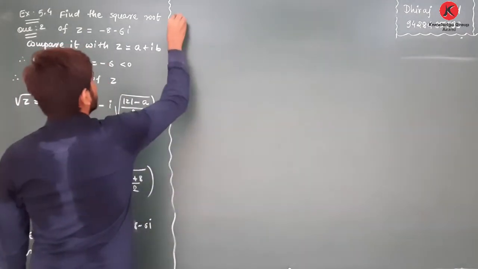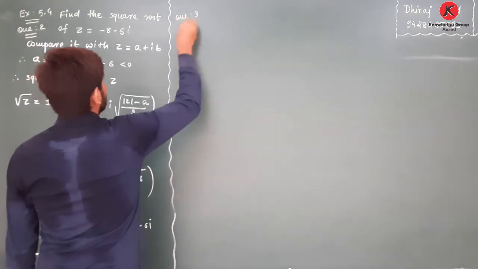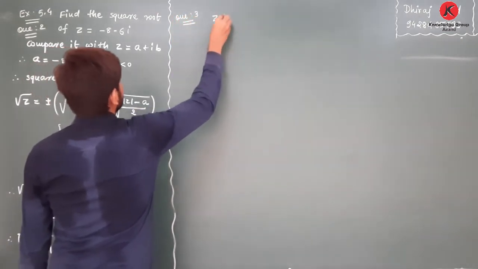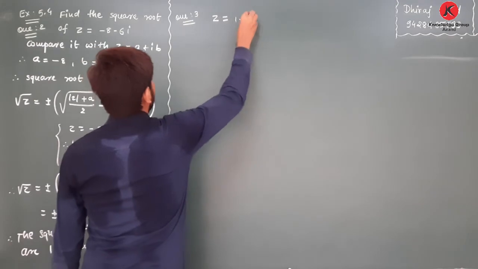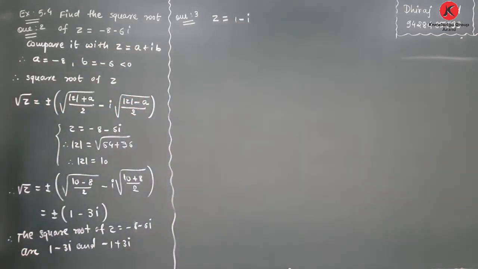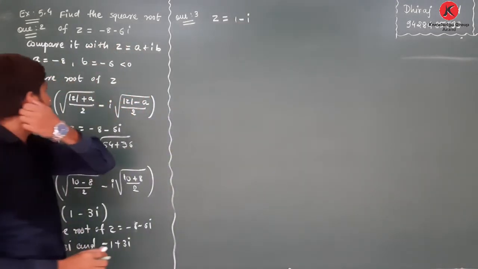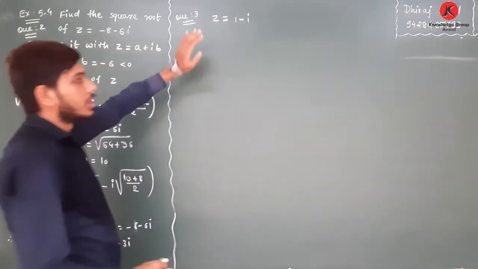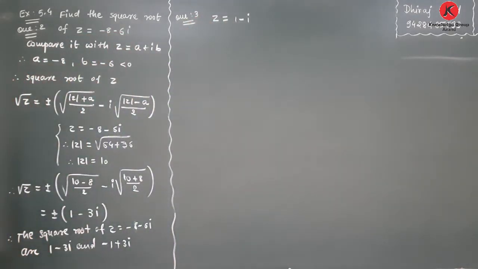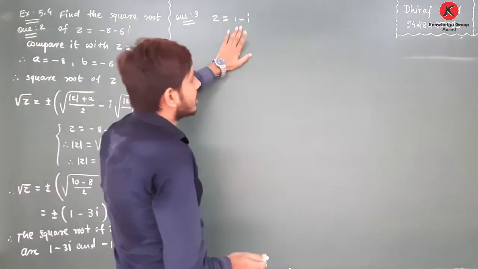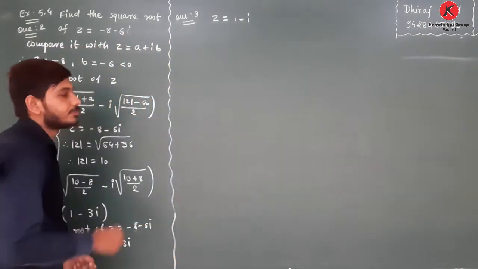Next question, question number 3. Question number 3 is z equals 1 minus i. First of all, check whether the given complex number is in standard form or not. Here, the given complex number is in standard form.